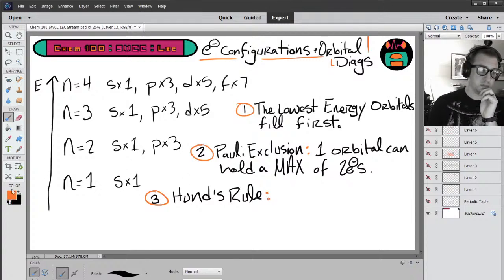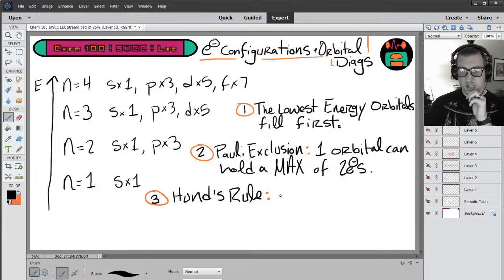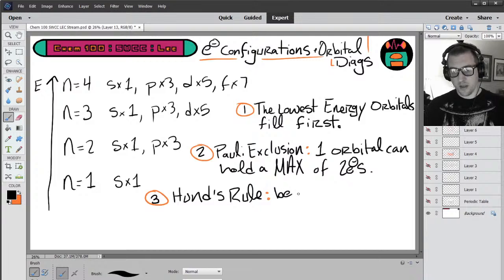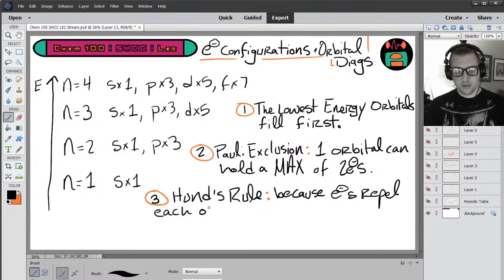Hund's rule states that, because electrons repel each other, they only share orbitals when they have to.